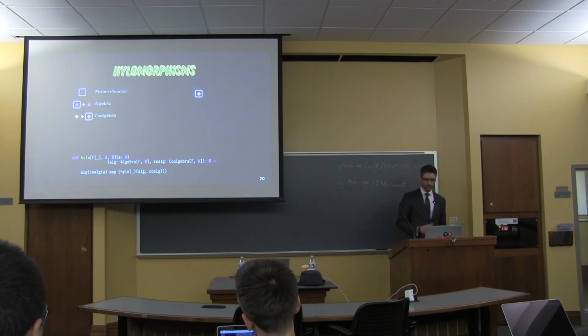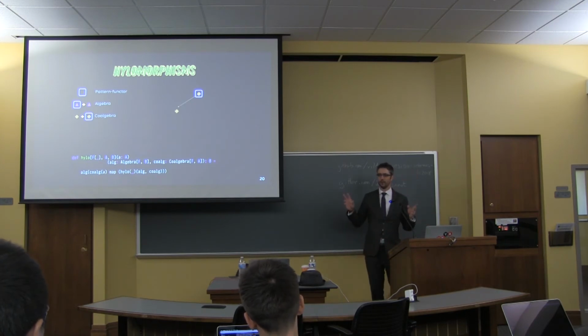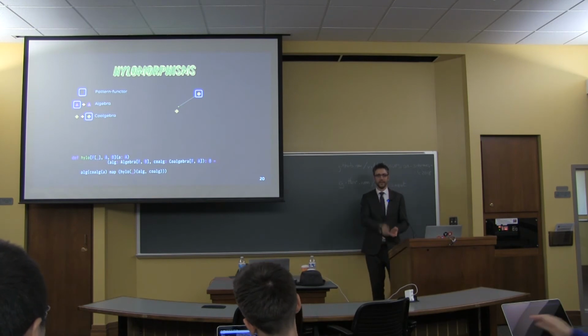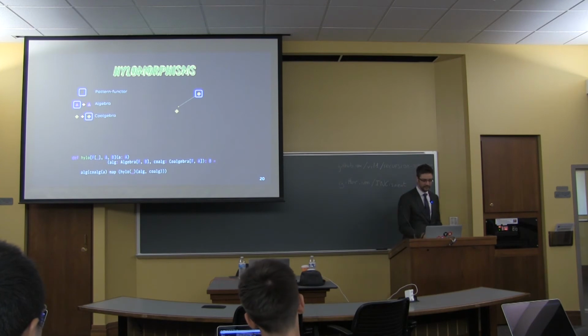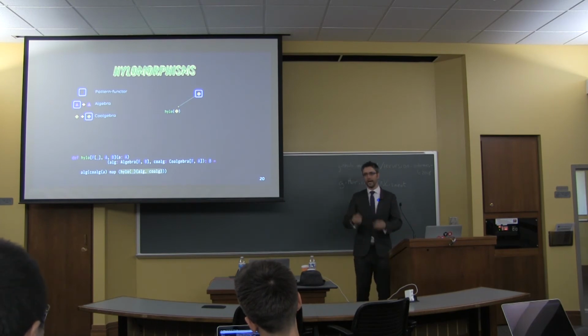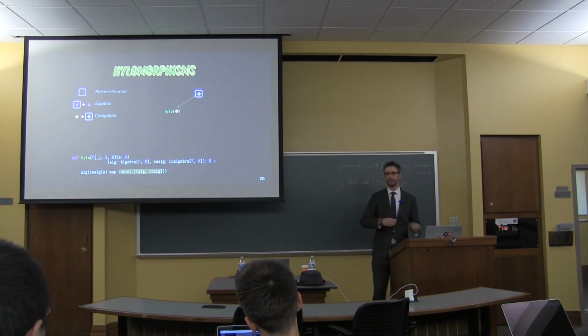Since F is a functor, we can map over that functor. And mapping is almost like picking the A's inside the F of A and applying the function we have to them. And the function we apply is this partially applied hylo. We recursively apply hylo inside our functor with the same algebra and coalgebra.